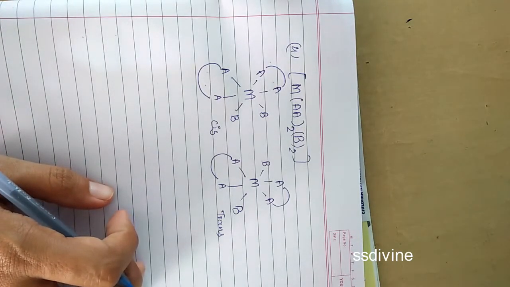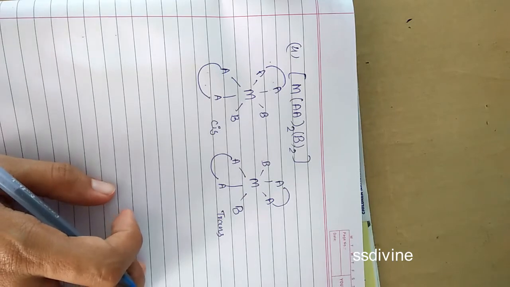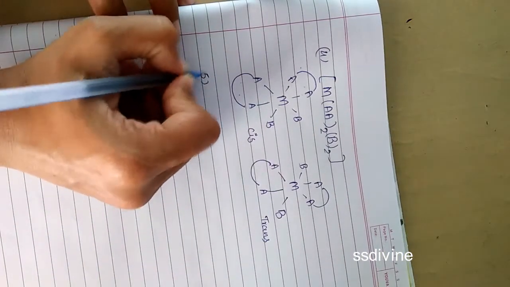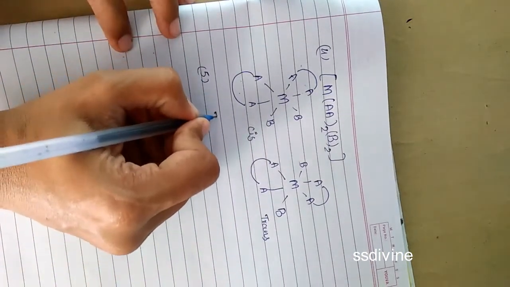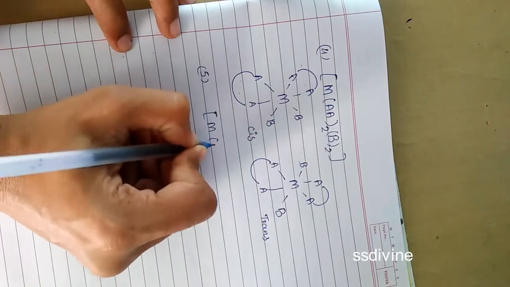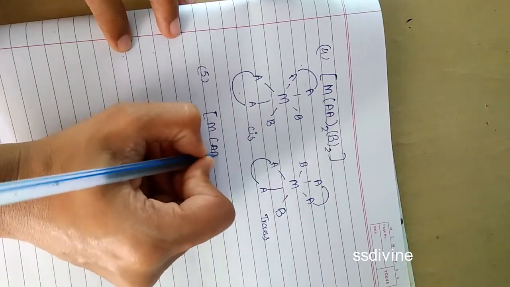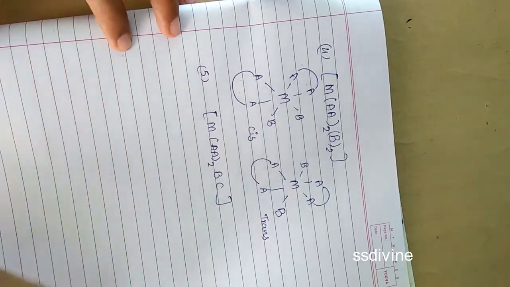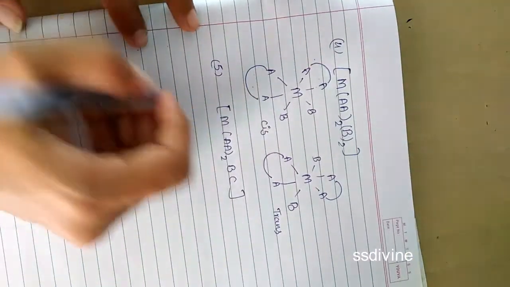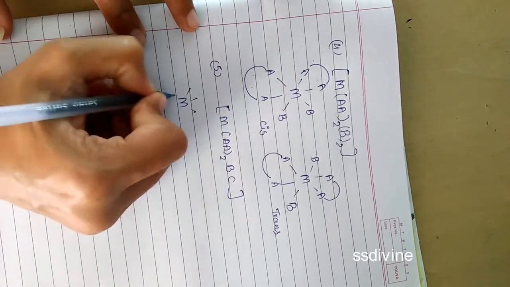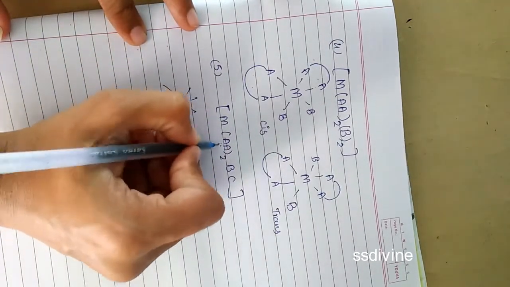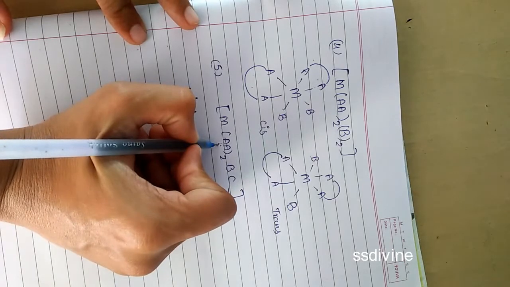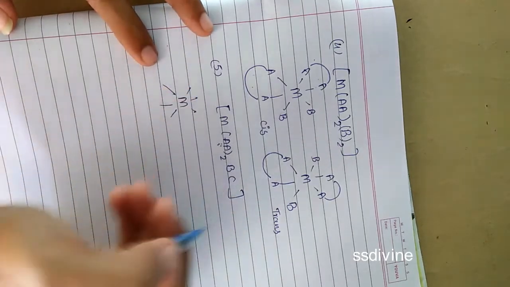The last example of this type of complex, let me take, I am having again a symmetrical bidentate ligand with 2 other different ligands. So how can I make it? Yes, like this, by keeping this symmetrical bidentate ligand on the same side as well as on the opposite side.